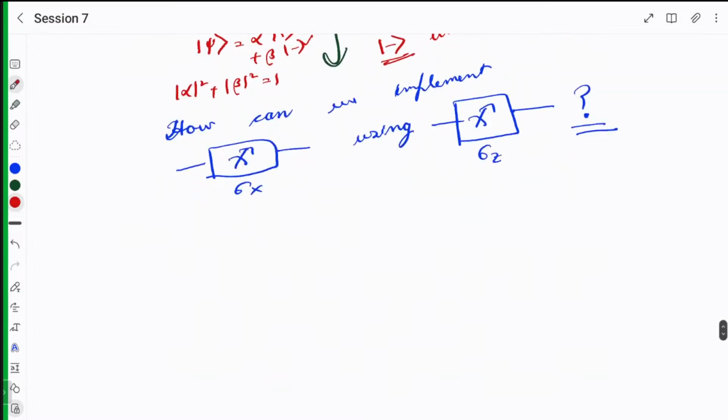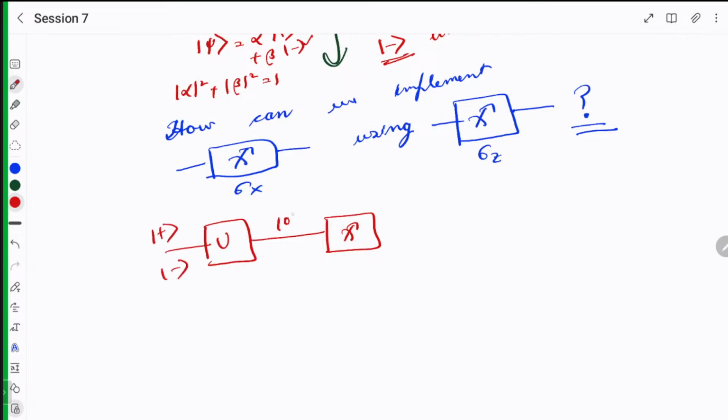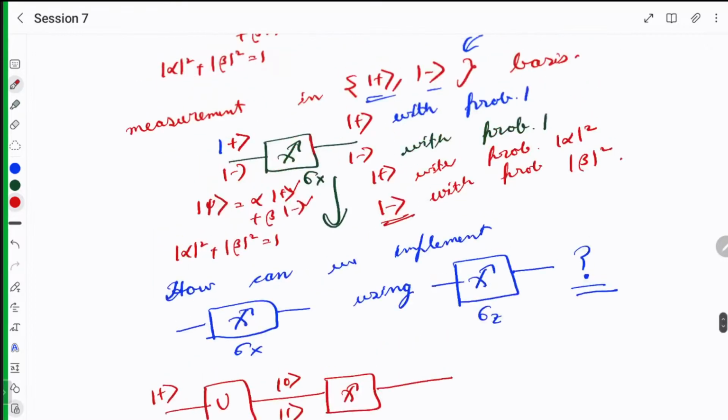Since you can only do sigma z measurement, you need some unitary which will map plus and minus to 0 and 1. Can you tell me what this unitary is?